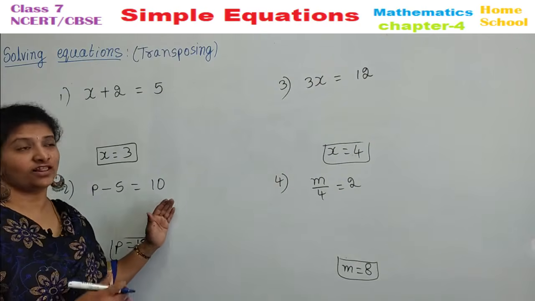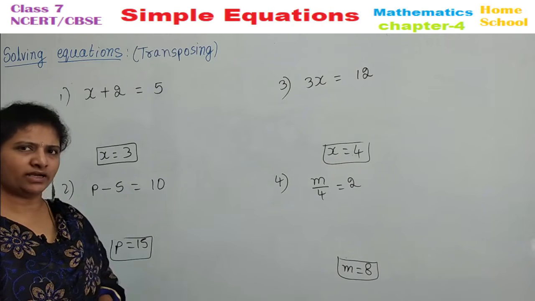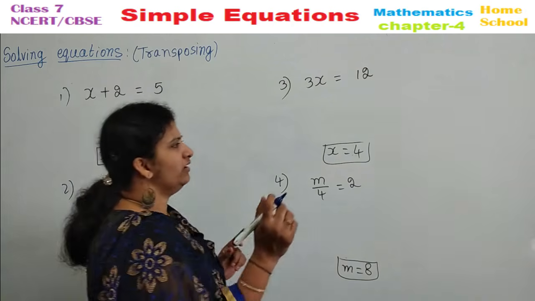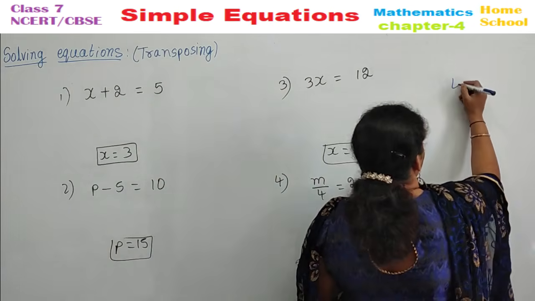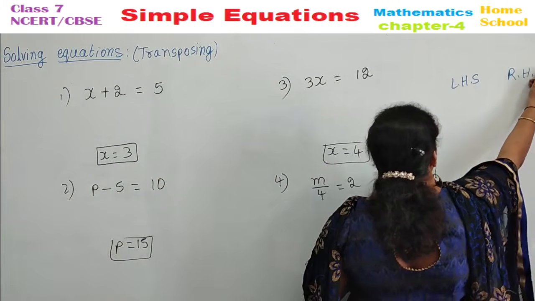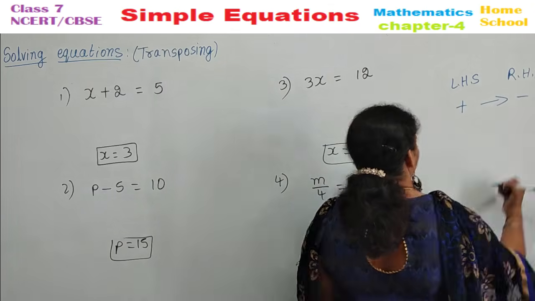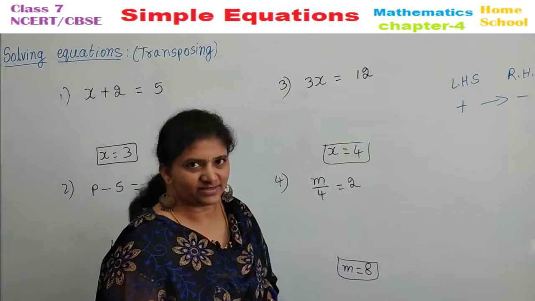Now, we are going to solve the same 4 problems by transposing. What do you mean by transposing here? Look here, we should know, when moving between LHS and RHS, if you have a plus symbol and it goes to the RHS side, it carries a negative sign.